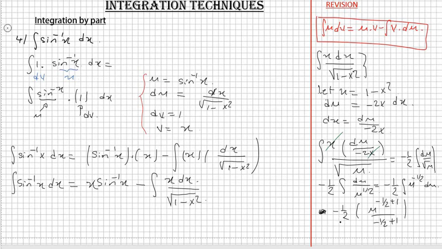So what are we going to get next? We have -1 over 2 u to the power of 1 over 2 divided by 1 over 2. So these two can cancel out. So we are going to remain with -u to the power of 1 over 2.